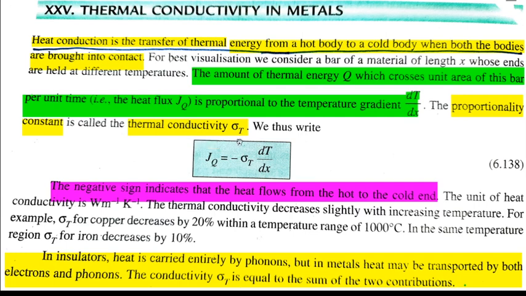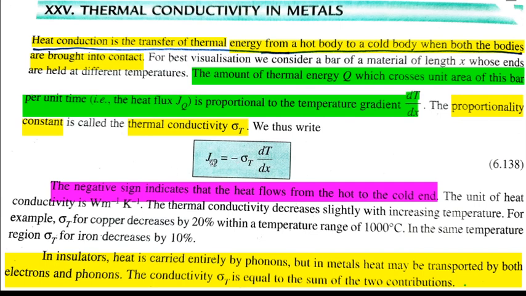Okay. So, this thermal conductivity has a negative sign because the heat is flowing from the hotter portion to the colder portion. The unit of heat conductivity is given by watt per meter Kelvin. From this you can also see it is the transfer of heat per unit length per unit temperature.